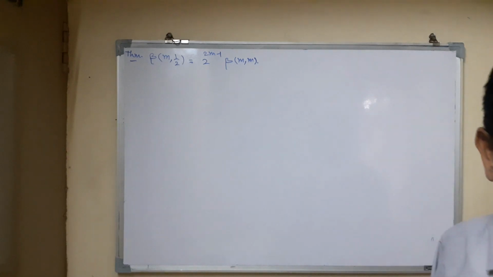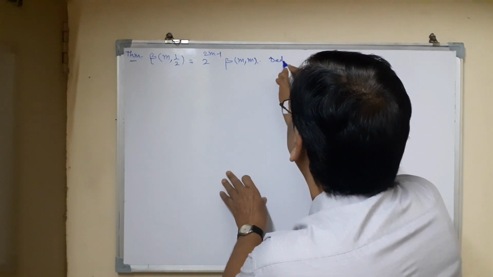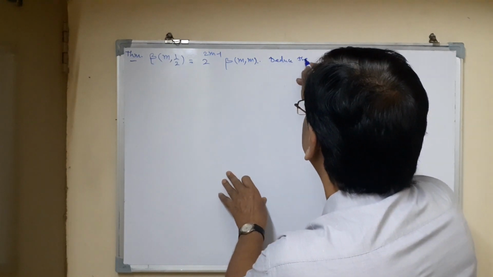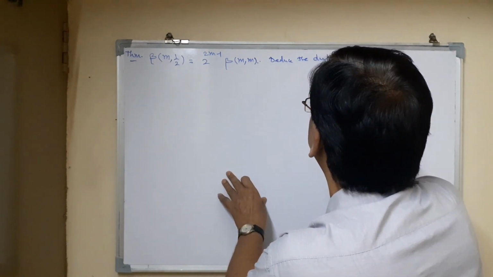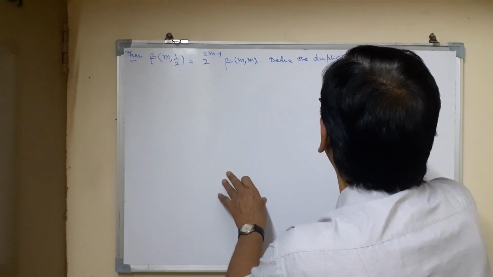And from this we can deduce the formula, the duplication theorem or duplication identity, duplication formula.